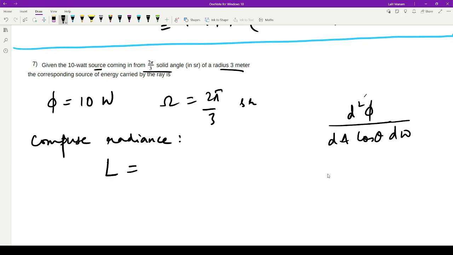It is irradiance into... No, not that way. What does it mean mathematically? Having d square phi out there, and then dA and d omega in the denominator. What does it mean? What is the unit of radiance?